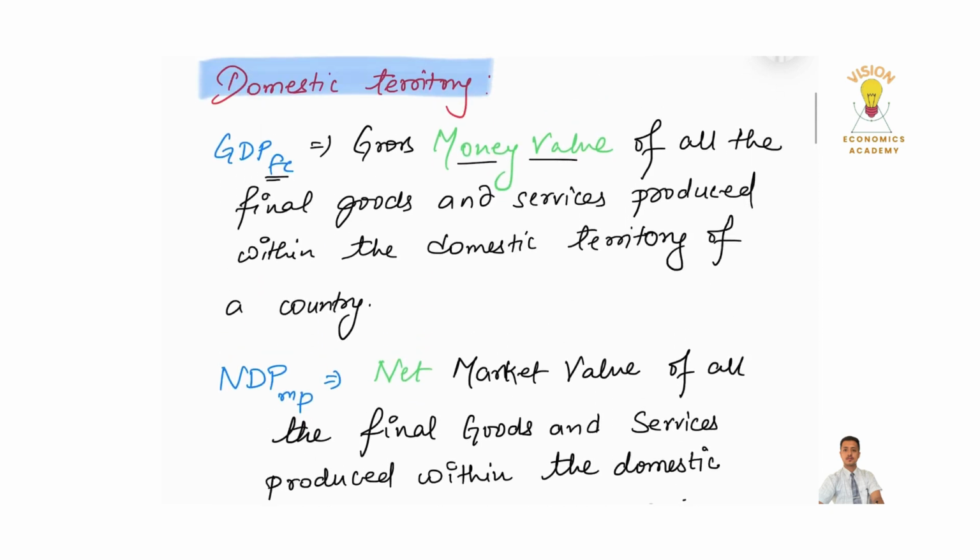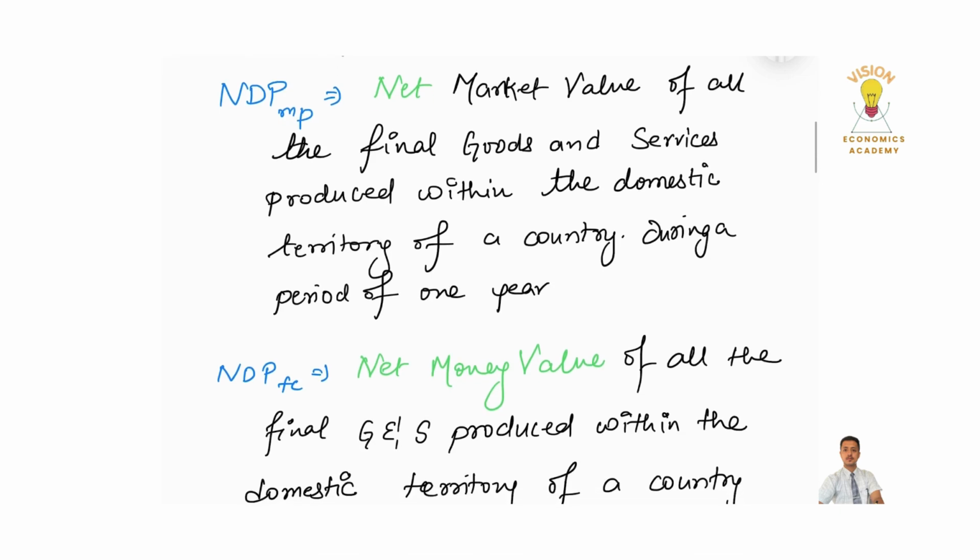Now we'll continue with the domestic concepts. Now comes the net domestic concepts. The only change here is net. Others are all the same. Market price is there, so it's a market value, right? Here the only change is net. All right.